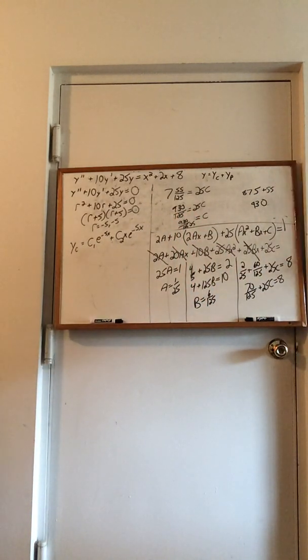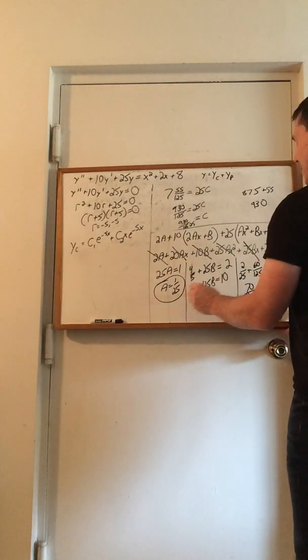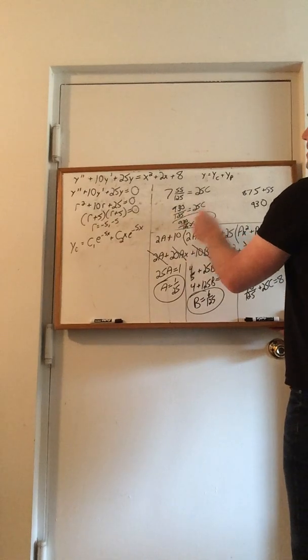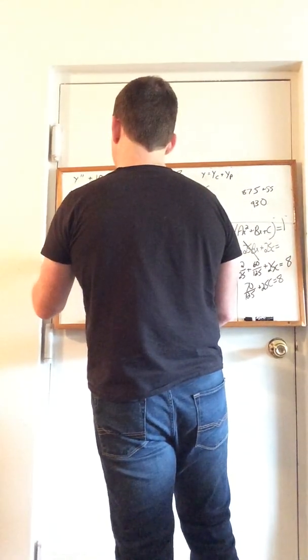And all of you engineering students with your calculators can store it into your calculator and get it. I'm completely fine with it. But what it means is, now I have A, now I have B, and I have my C, even though it's not completely reduced because I'm not going to take the time. But then I can write my particular solution.